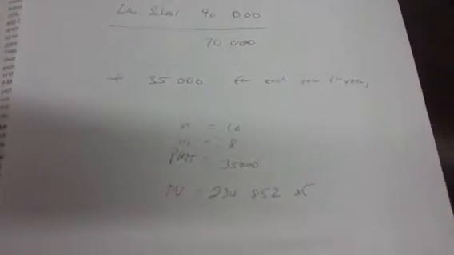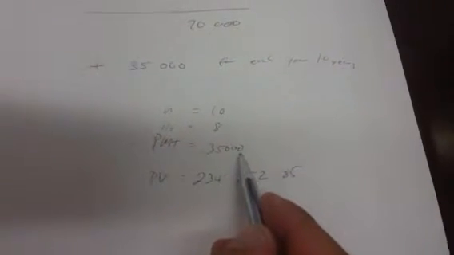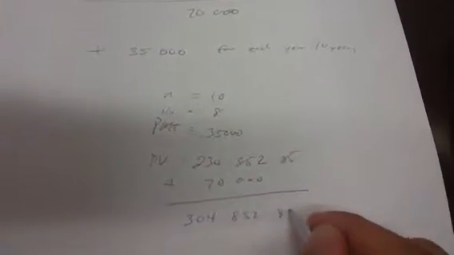That's what the widow would have to have today, if she could invest it at 8%, in order to withdraw $35,000 a year and pay for these expenses. Plus the $70,000 on top of that makes for $304,852.85 of life insurance that he should buy.